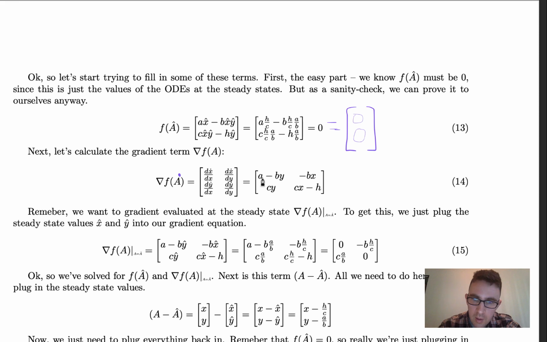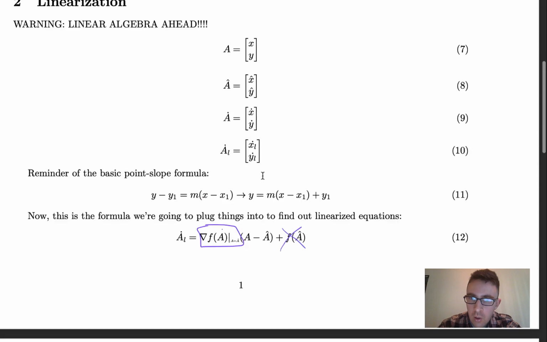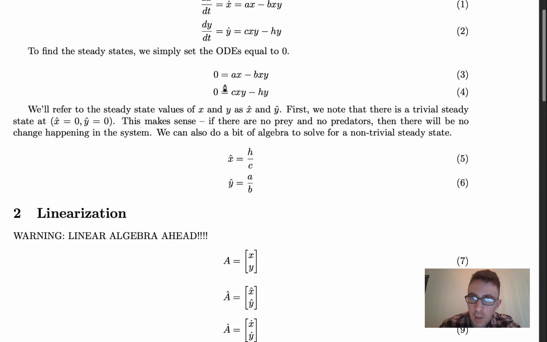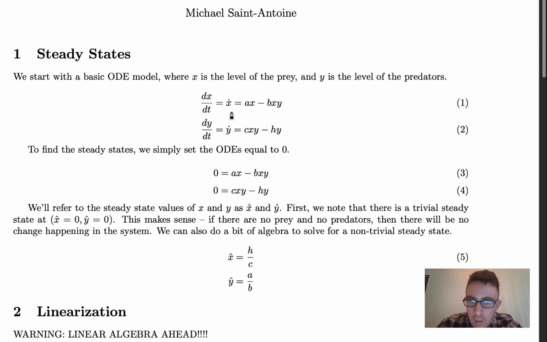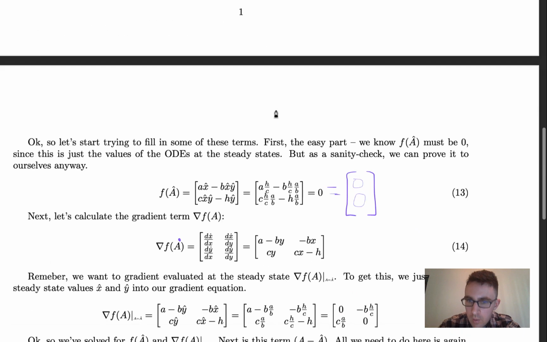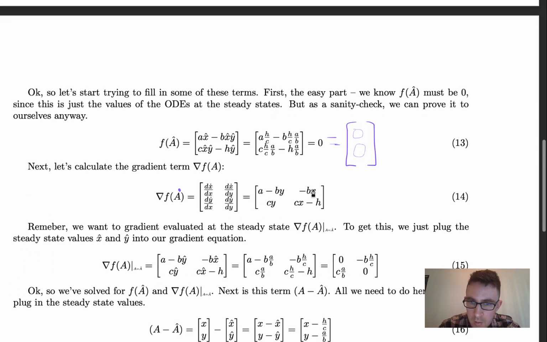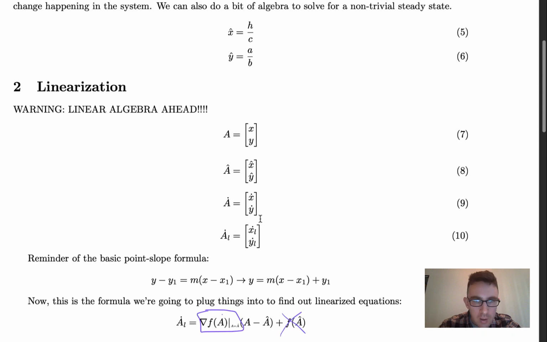Then we do the same thing, except we take the derivative with respect to y. That should be negative bx, taking the derivative of x dot with respect to y. So we plug that in here. Then we do the derivative of y dot with respect to x.